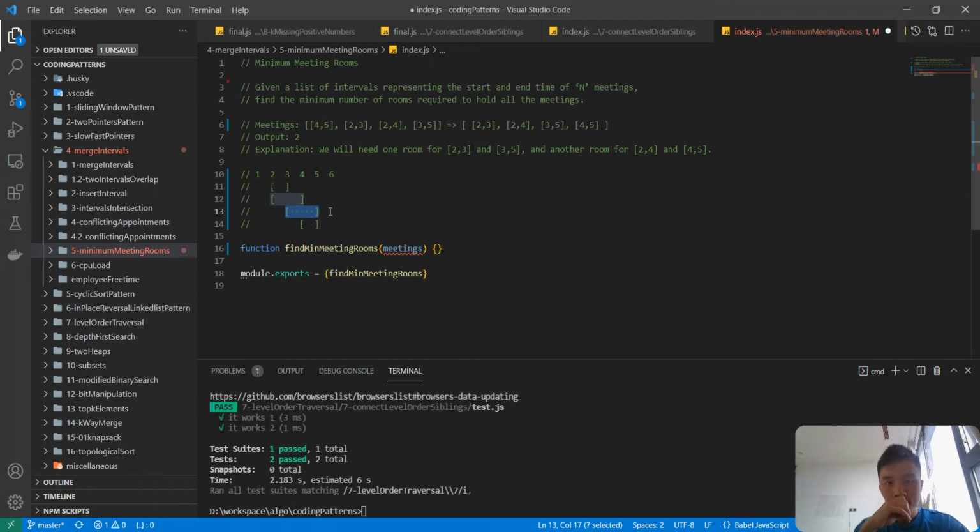Why is that? We need to use one room for these two because they don't overlap, right?